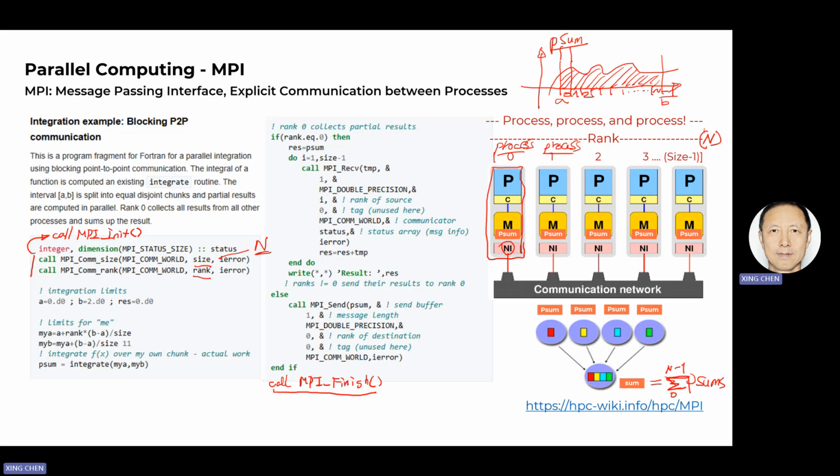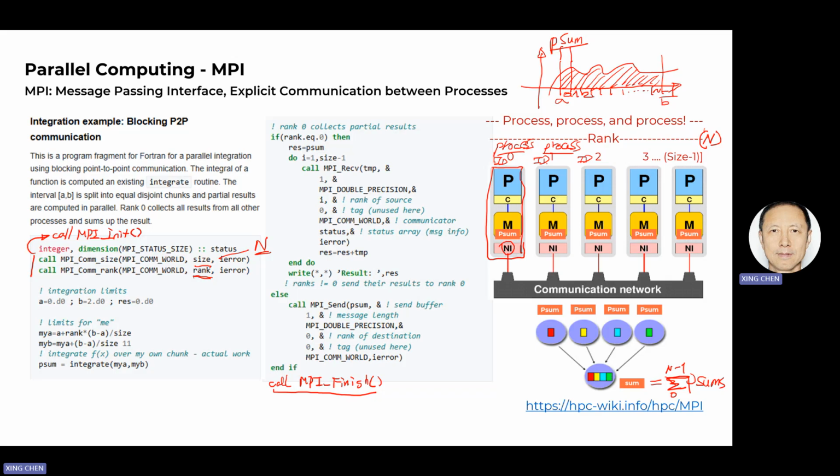The other one is the rank. The rank is the ID of the MPI process. If you have 1,000 or 10,000 MPI processes, you need to distinguish them, so you give each process an ID, which is a number, the MPI process number.